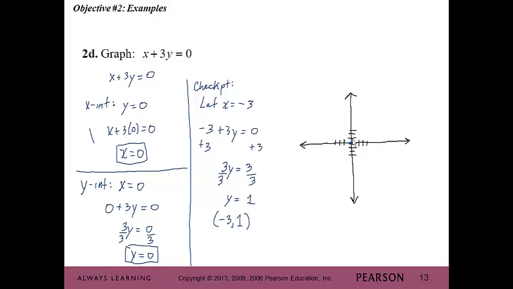The y-intercept is y equals 0, so it's still at the origin. And then we're going to use this additional point, -3, 1. Connect your points. And this is the line x plus 3y equals 0.